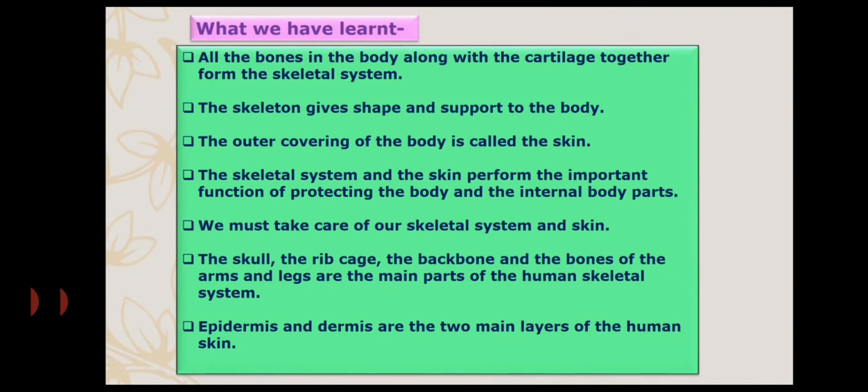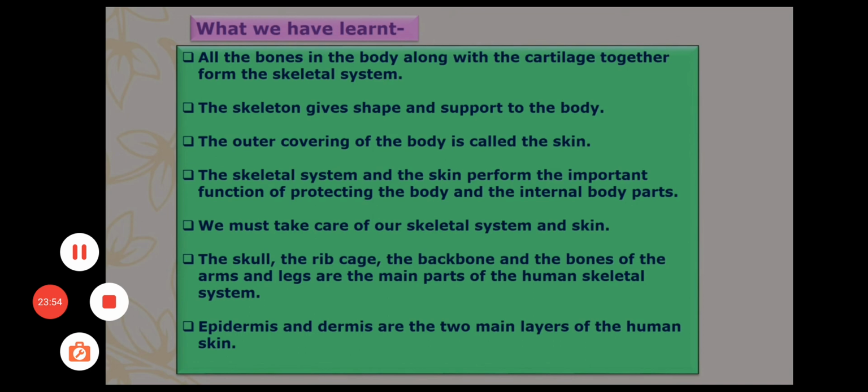So children, last point from this lesson. What have we learned from this lesson? First point, all the bones in the body along with the cartilage together form the skeletal system.